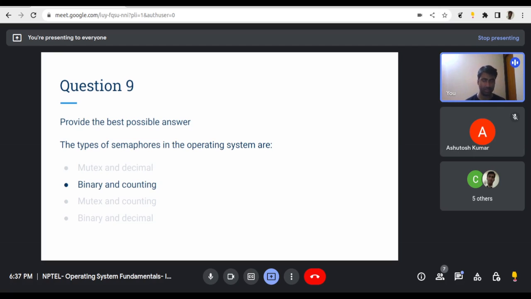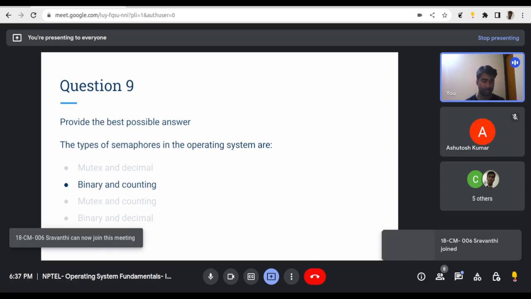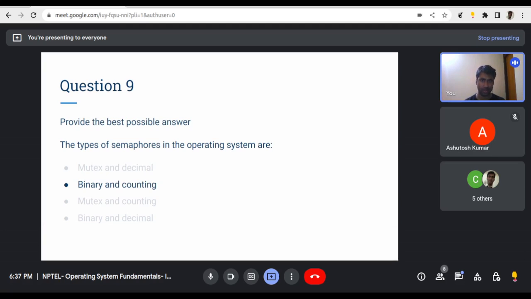So semaphore is a variable, as I said in the previous slide, an integer variable. In a binary semaphore, the processes that wait for a particular variable can be just one.